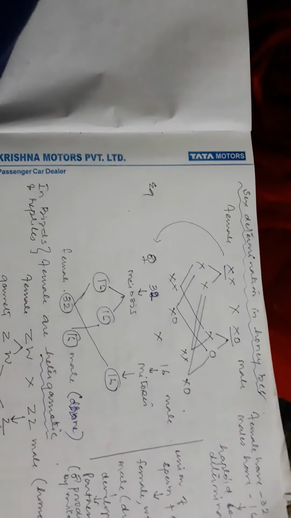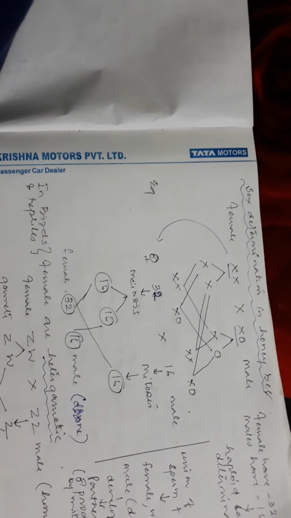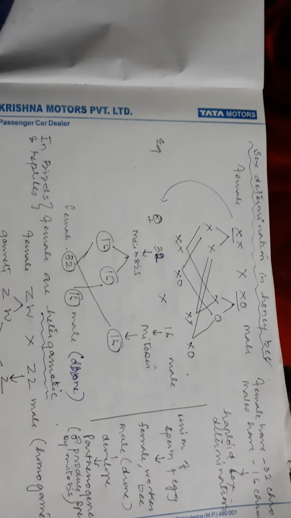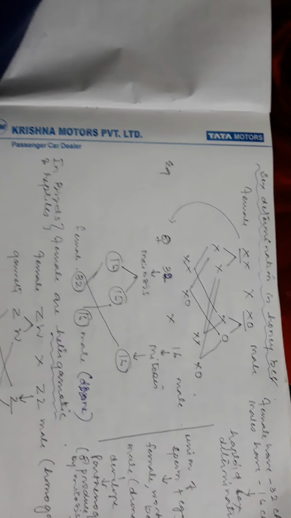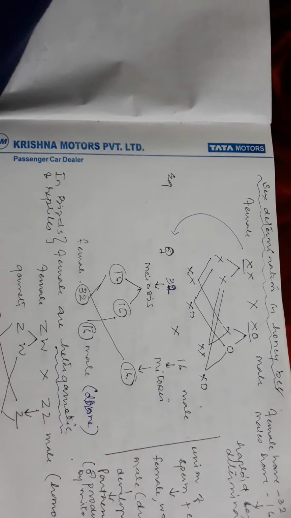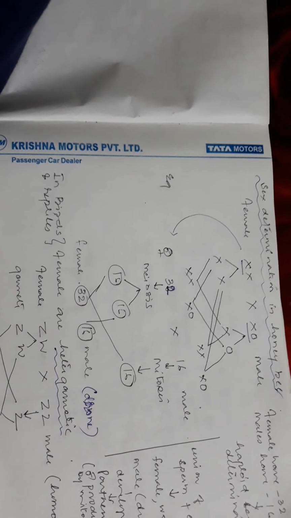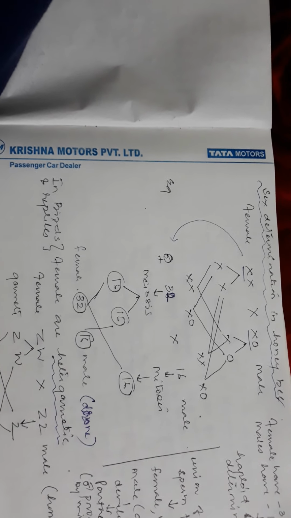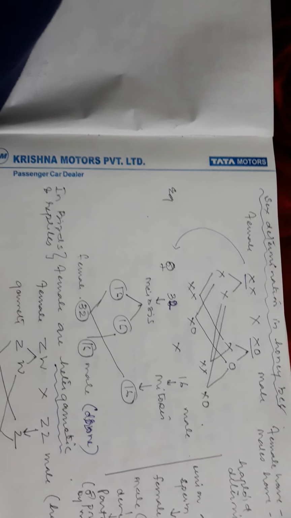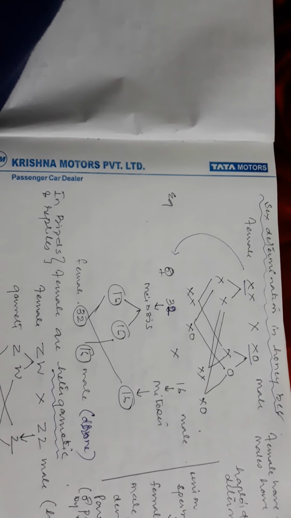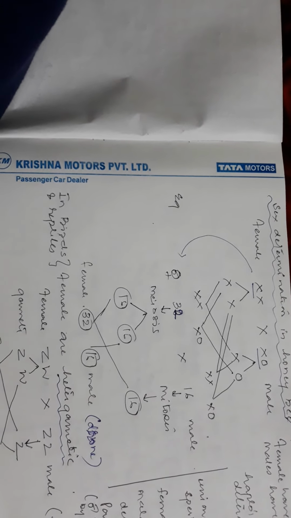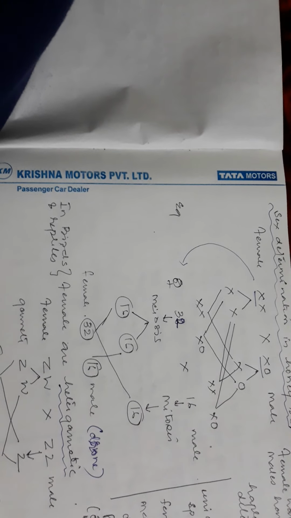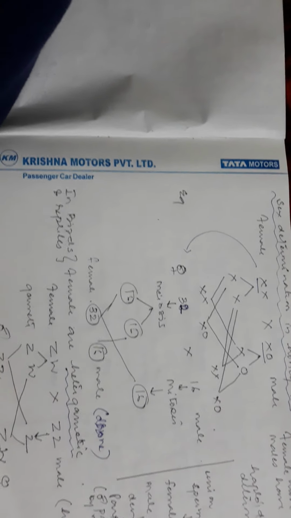Now, sex determination in the case of honeybee. In honeybee, the males have X0 chromosomes. Right? Now, let's understand that the females have 32 chromosomes and males have 16 chromosomes. Why? Because males have X0 chromosomes, so X is 16 and 0 has no chromosomes.